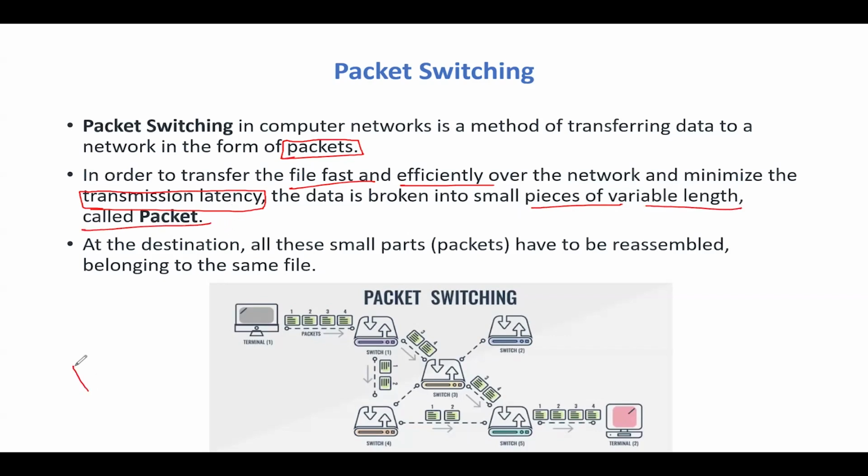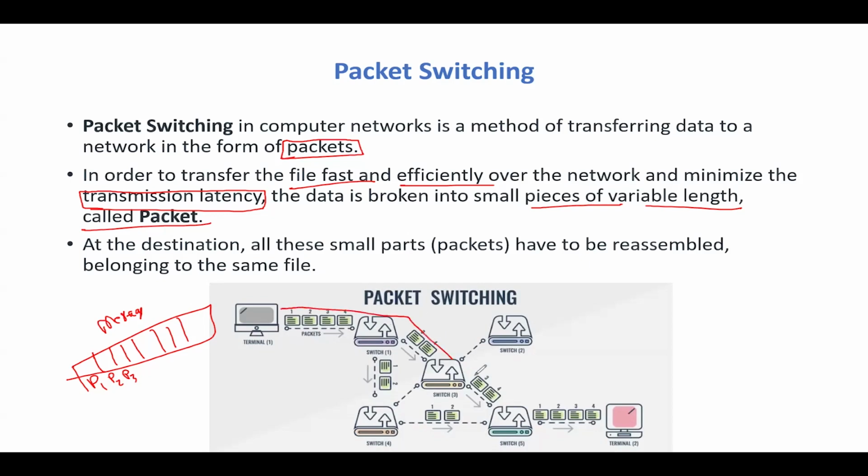So what is going to happen is, I'm going to take the message which needs to be sent and divide it into packets. Packet 1, packet 2, packet 3, etc. As you can see here, 1, 2, 3, 4. Now, it is not necessary that everything will go in the same path, like we told before.